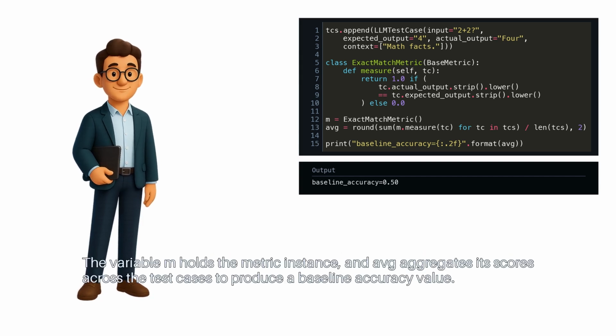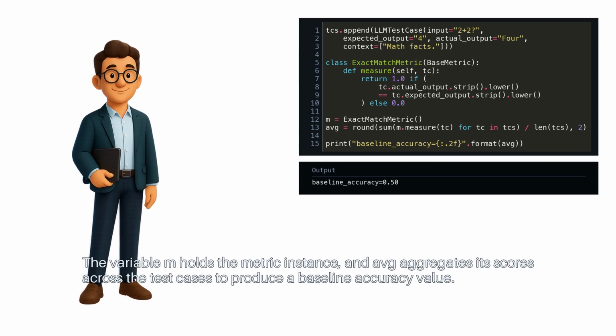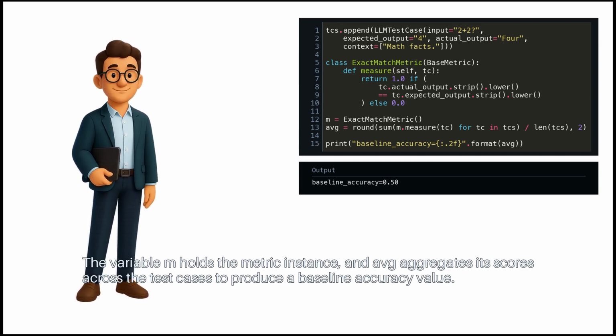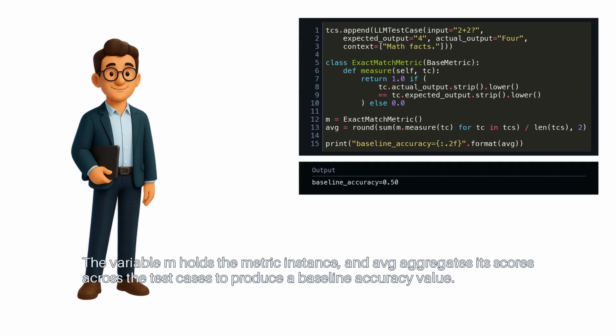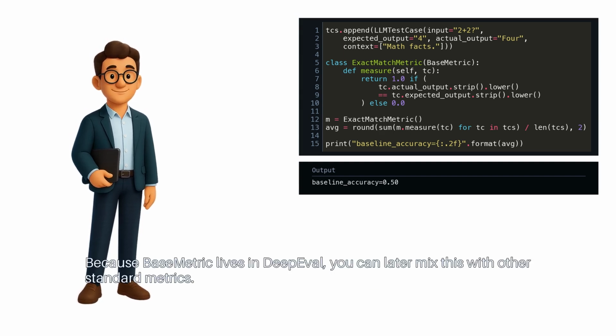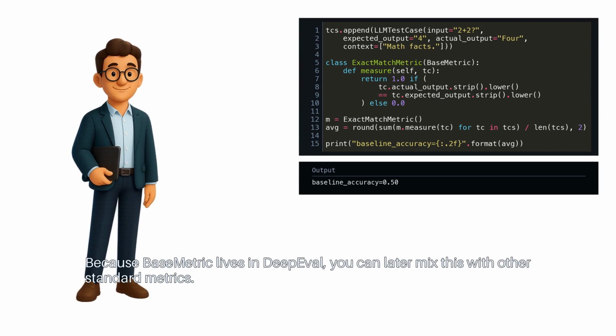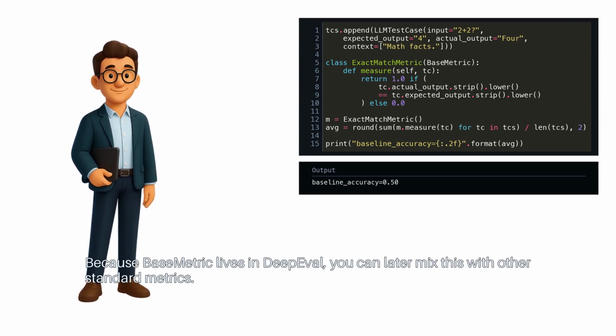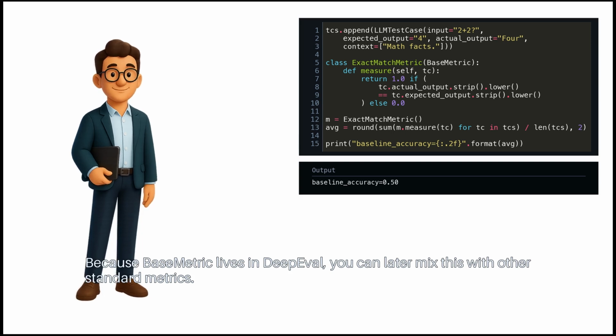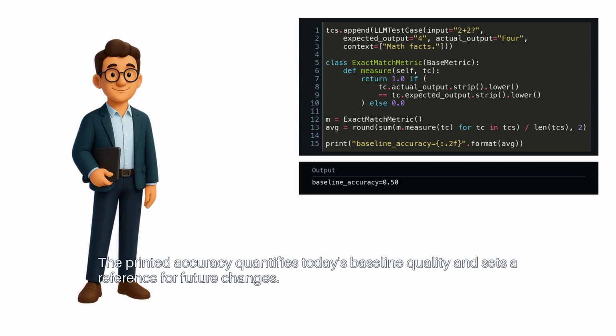The variable m holds the metric instance, and AVG aggregates its scores across the test cases to produce a baseline accuracy value. Because BaseMetric lives in DeepEval, you can later mix this with other standard metrics. The printed accuracy quantifies today's baseline quality and sets a reference for future changes.